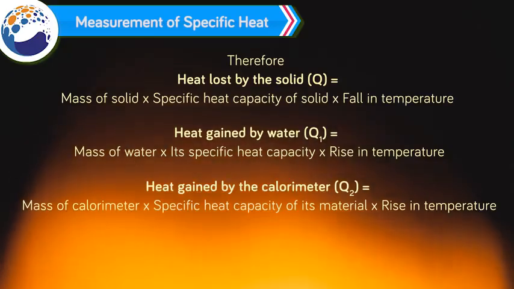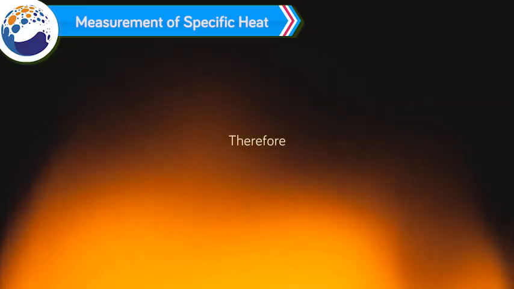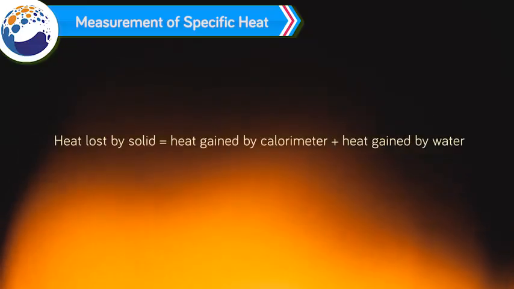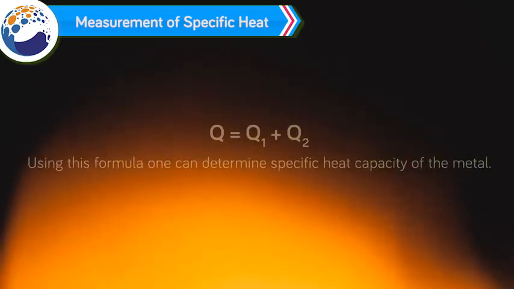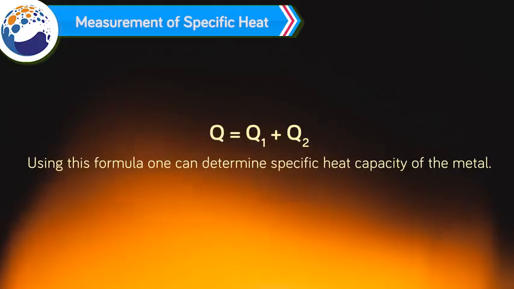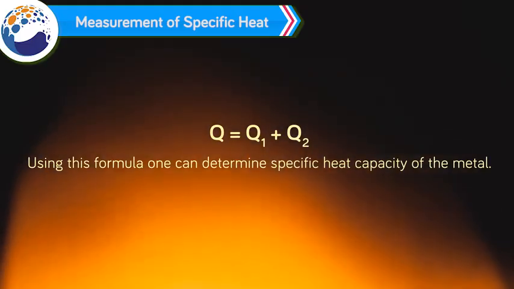Heat gained by the calorimeter, or Q2, is equal to mass of calorimeter multiplied by specific heat capacity of its material multiplied by rise in temperature. Therefore, heat lost by solid is equal to heat gained by calorimeter plus heat gained by water. Therefore, Q is equal to Q1 plus Q2. Using this formula, one can determine specific heat capacity of the metal.